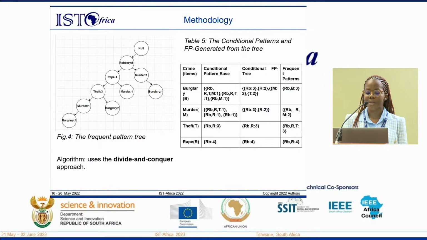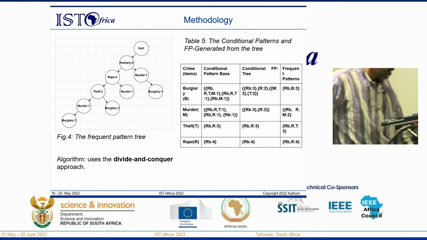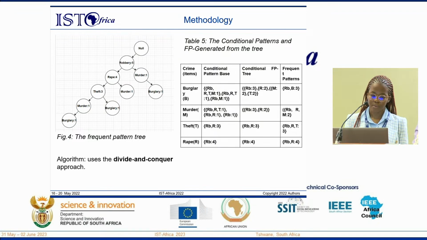And then from that step, we generate an FP tree. An FP tree is basically a path in which we use those item sets and we generate the frequent tree, like a path where there was robbery, there was rape, there was theft, there was murder, and there was burglary. When generating this tree, if the item sets are unique, you add a new branch and you add the frequency to that branch.